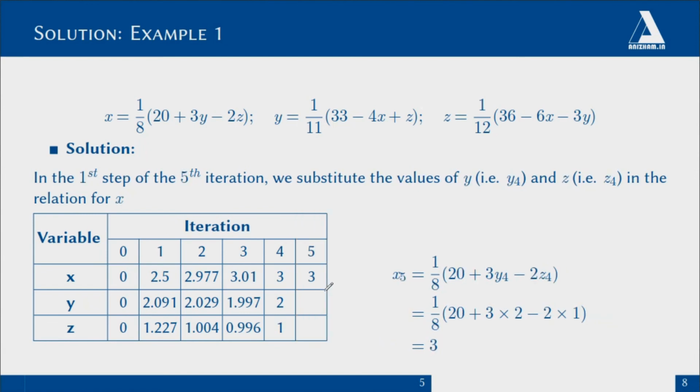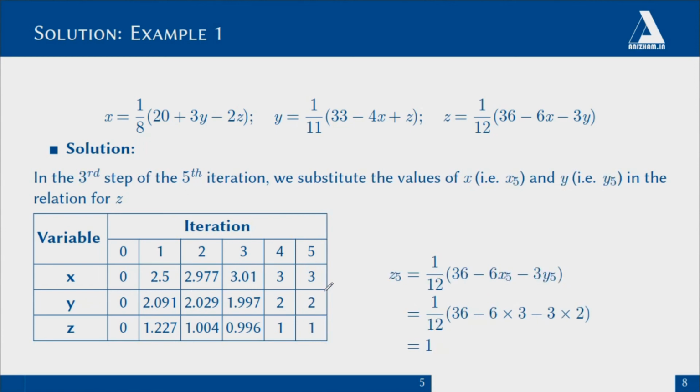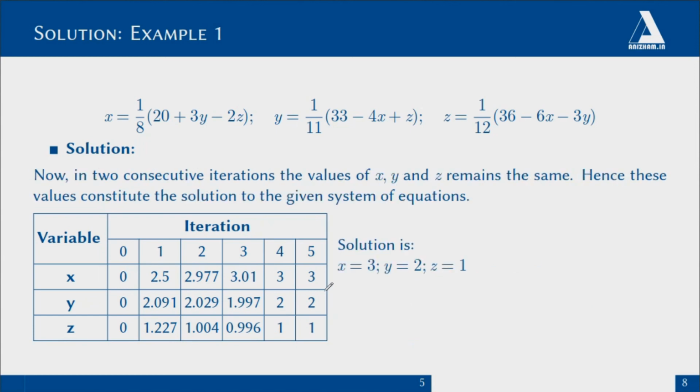Now in the fifth iteration, again we get x as 3, y as 2 and z as 1. Even if we repeat the iterations, the values are not going to change. So we end the procedure here and we obtain the solution for the system of equations as x equal to 3, y equal to 2 and z equal to 1.